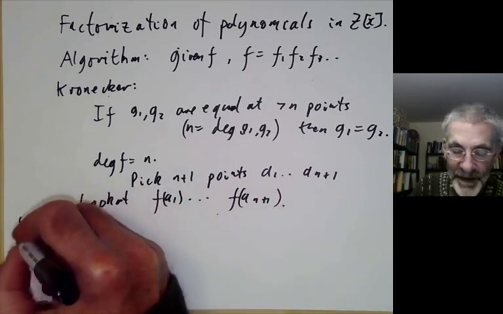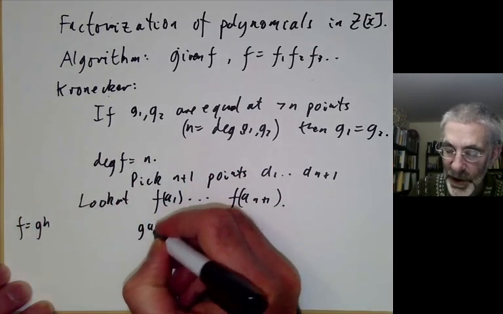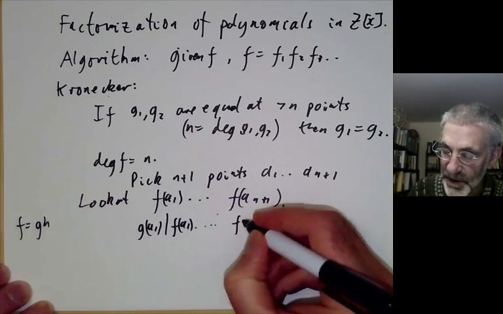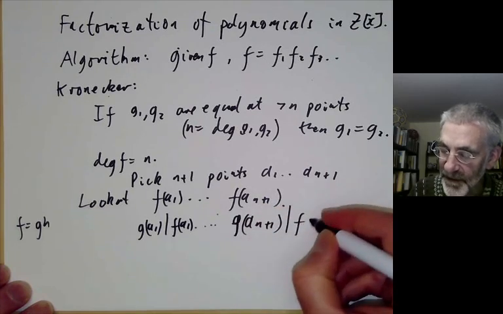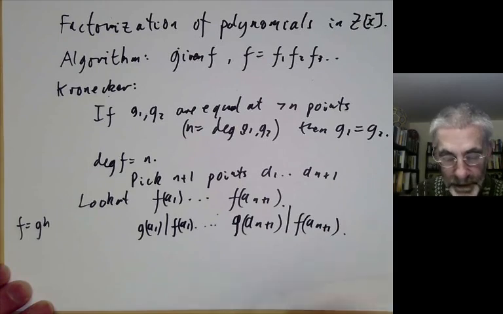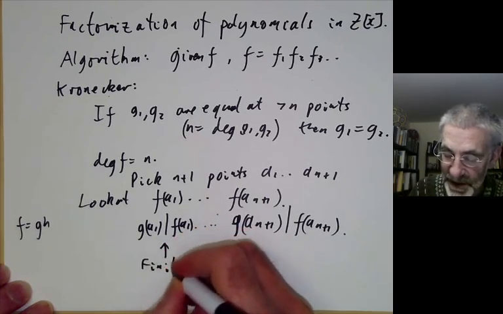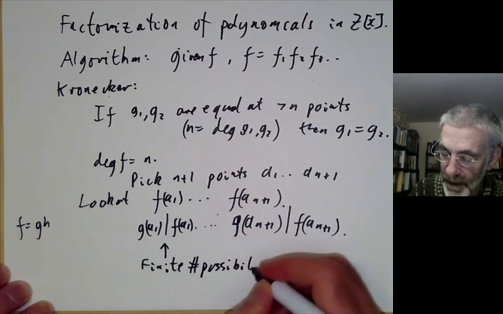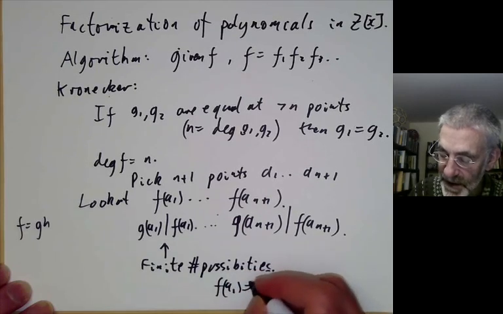And now if f is equal to g times h, then g of a1 divides f of a1 and so on up to g of a n plus 1 must divide f of a n plus 1. And you see from this that there are only a finite number of possibilities, unless f of a1 is equal to 0.